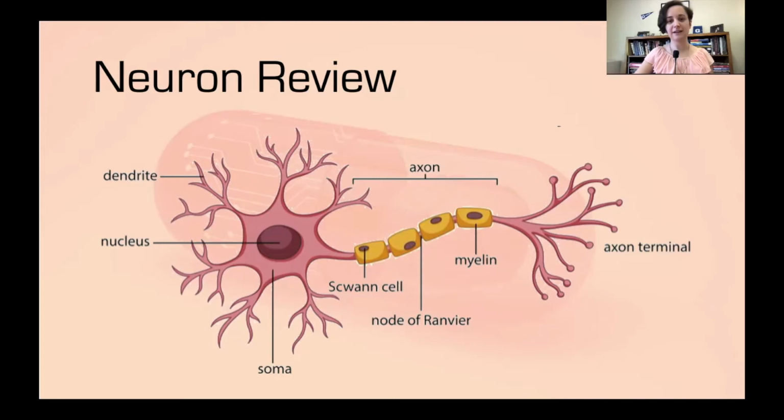That's the very end of the axon where information in the form of neurotransmitters and in the form of electrical signals is sent out across the synapse. So the synapse is the place where two cells are very close to each other, do not quite meet, and chemical messengers travel across that gap.